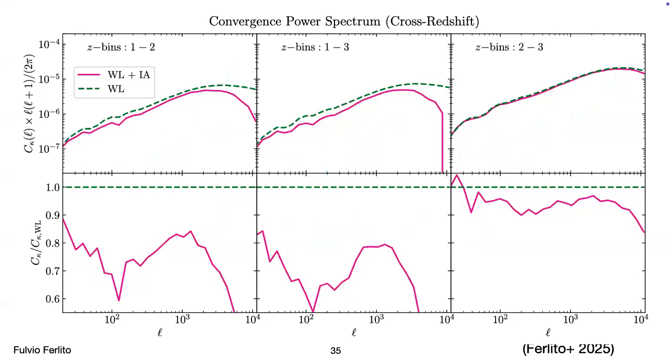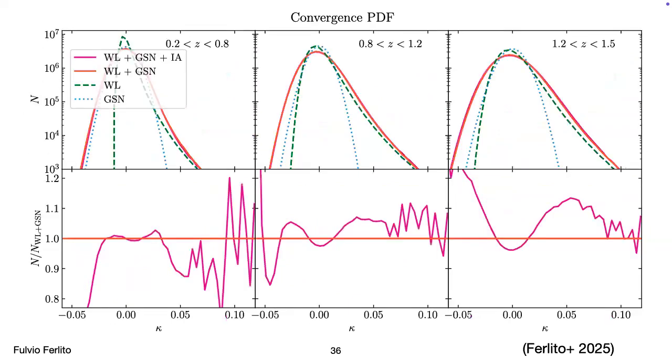So this is really important to account for. We also looked at other higher order statistics. I will only show the PDF here for brevity. We see that the distortions are really non-trivial and quite difficult to model, especially if we go for higher order statistics.